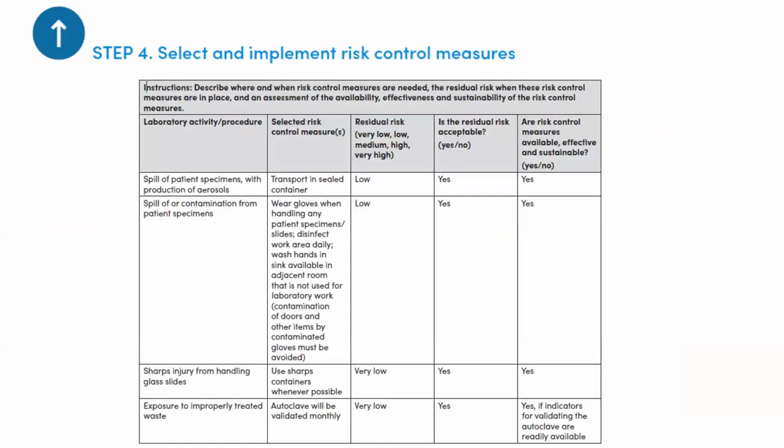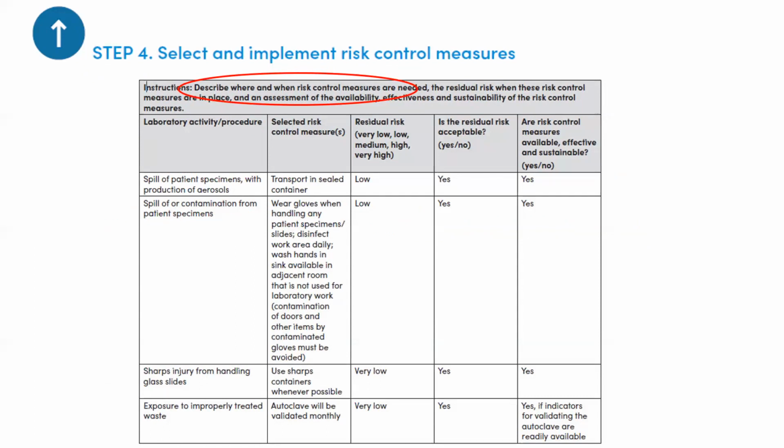But they do have some control measures that they've selected. And looking at this table, they are able to lower their risk using these particular controls. Now, I want to point out to you that on the left, they're not trying to spill anything. Describe where and when risk control measures are needed.